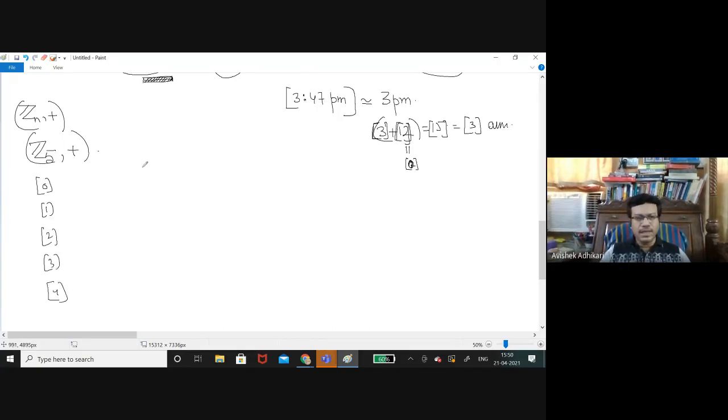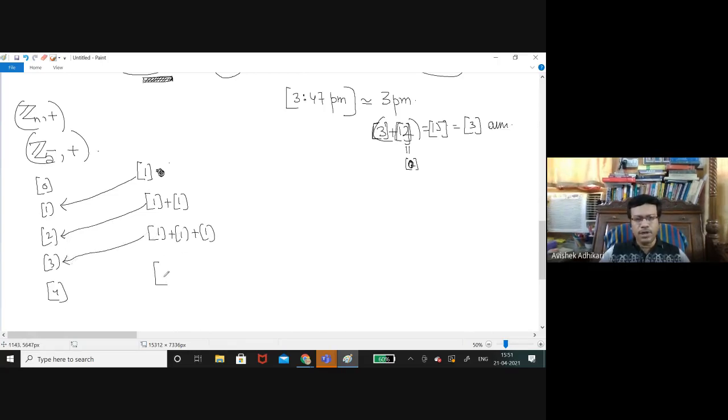Now I can see that some element is there, for example, class 1. If I add 1 one time, I will get this element. If I add 2 times, 1 plus 1, I'll get this element. If I add 3 times, 1 plus 1 plus 1, I'll get this element.